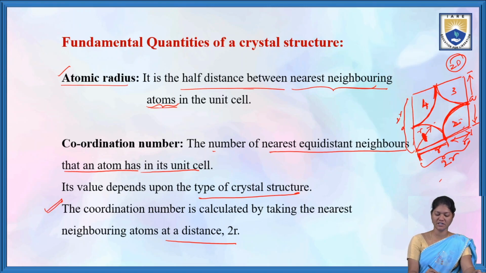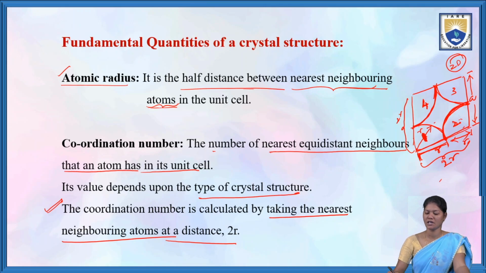We could not take the third atom as an equidistant nearest neighboring atom.